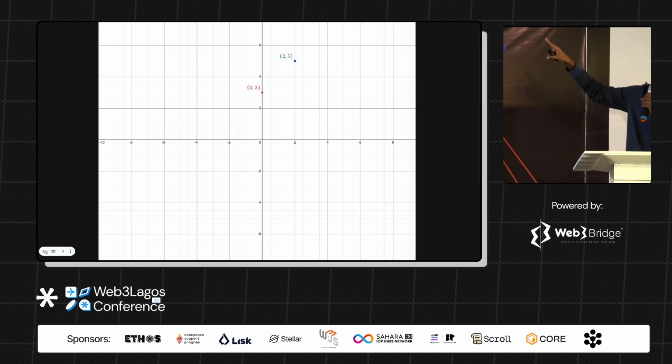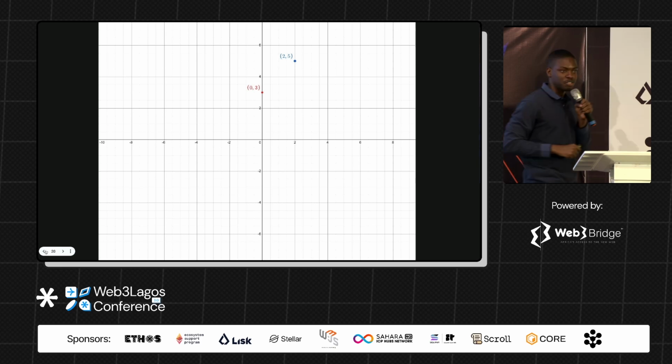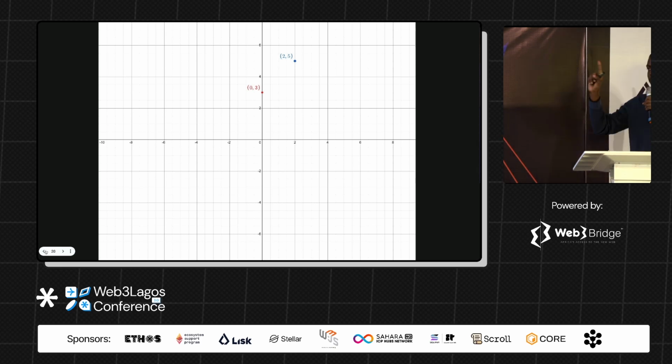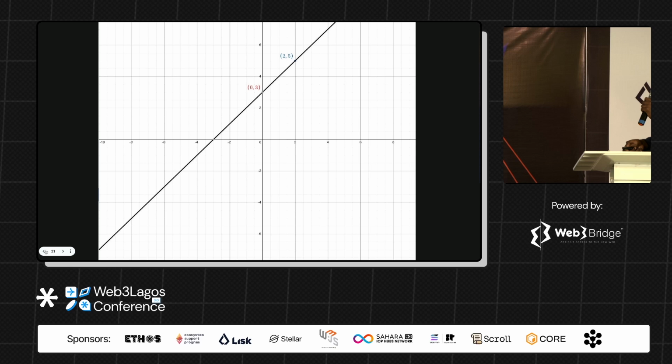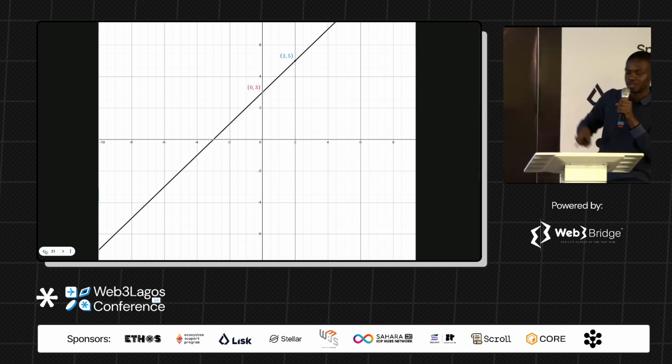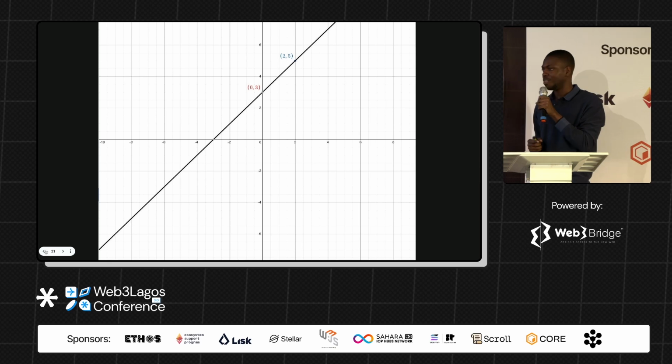Now, let us add another point, okay? So we have 0, 3, and we have 2, 5. How many straight lines can pass through this now? Yes, it was passed through both points. Just 1? So that's a straight line. Can we pass another straight line through those 2 points? No, exactly.